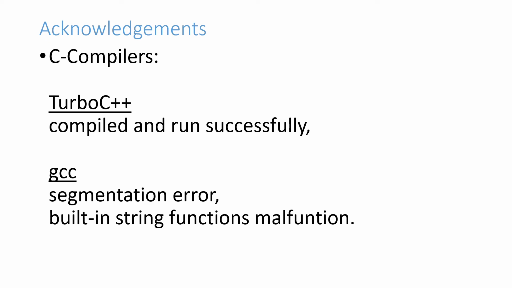These are the compilers I used. When I used Turbo C++ compiler, the entire program was compiled and run successfully. There were no errors during compilation and running of the program. Global sequence alignment was done successfully, but when I used GCC compiler, there was a segmentation error. The built-in string functions were not working, and the loop went infinite.